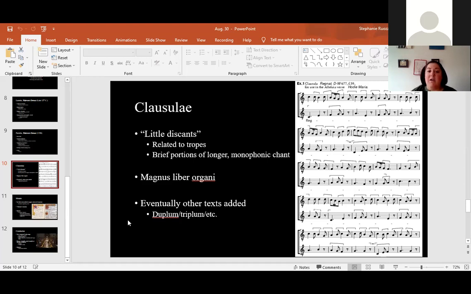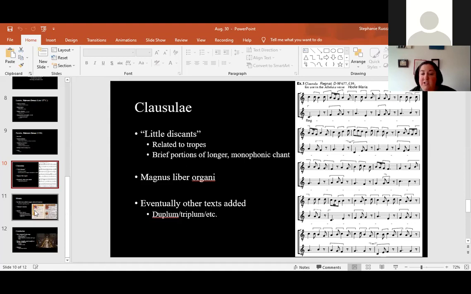So it's what we call polytextual. That means there's more than one set of words to this particular piece of music. So the duplum and triplum and quadruplum, however many voices they had, would be singing a secondary text.